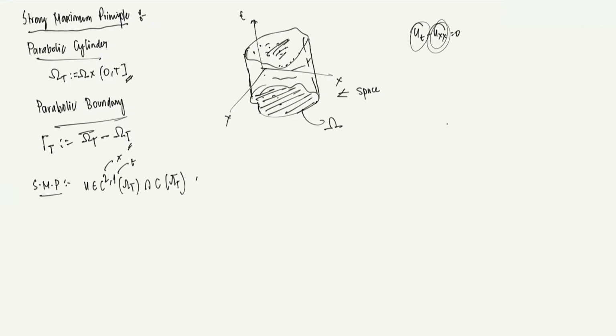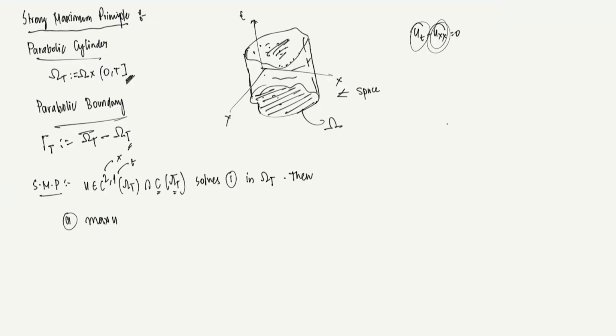So let's say u solves the heat equation in omega t, in this domain. Then two things happen. The maximum of u, as I have explained to you, will definitely be attained. Why? Because u is a continuous function on a closed and bounded set. So the maximum is attained. But where will it be attained?